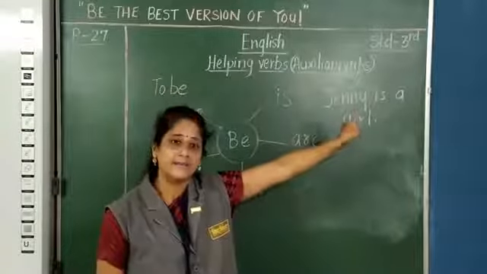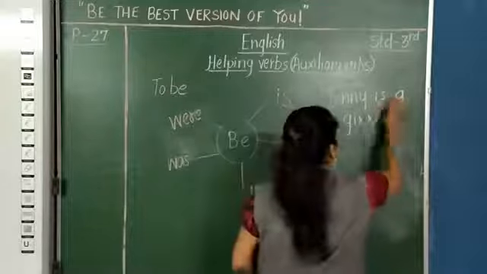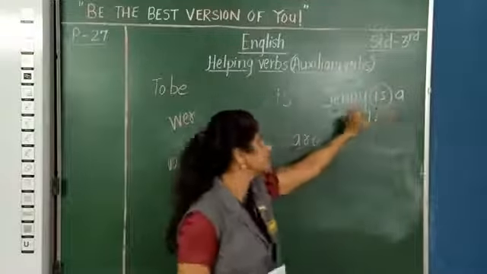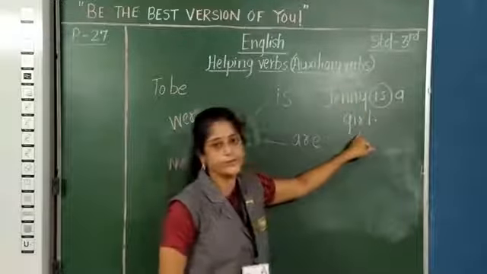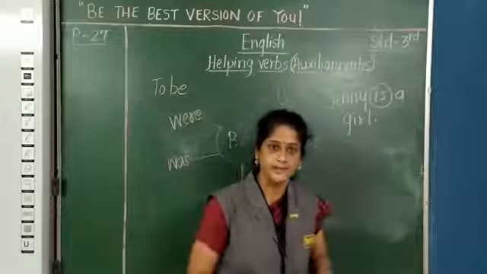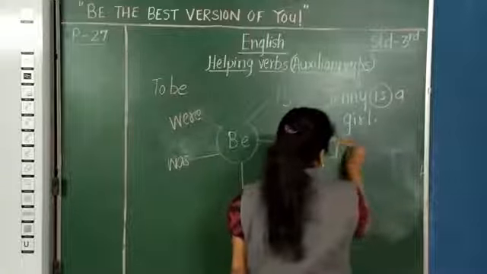So who acts as a main verb here? Is. You can call it a linking verb because it links the subject Jenny with the other information in the sentence. One more example: I am an engineer.